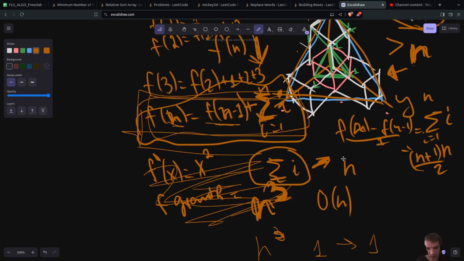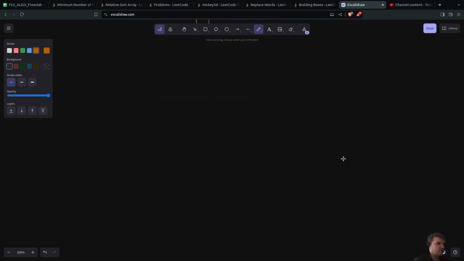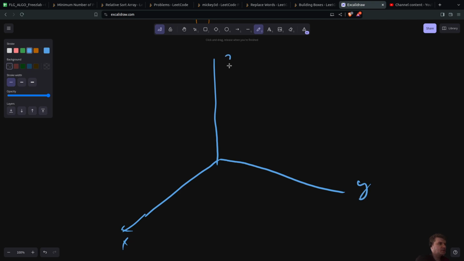The second part is going to be something like, so we already know, let's say we have these boxes stacked against the wall. This is x, y, z. Let's say we have these boxes.